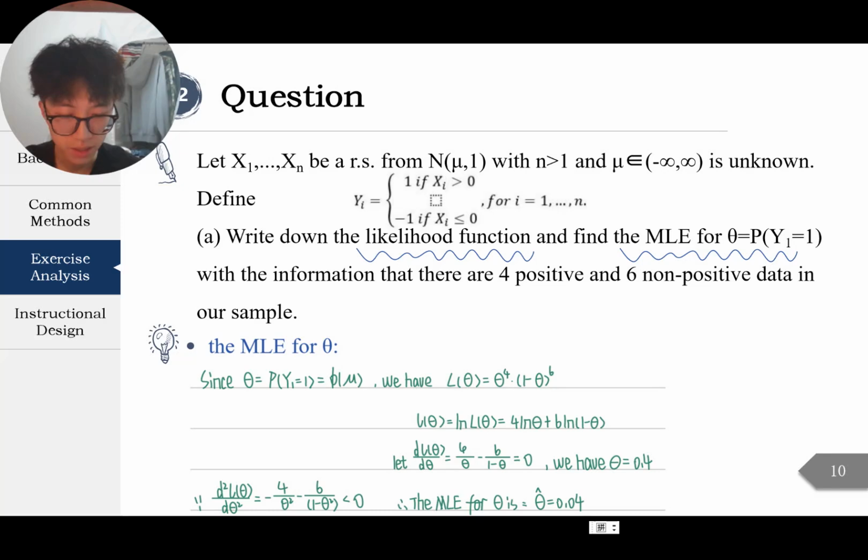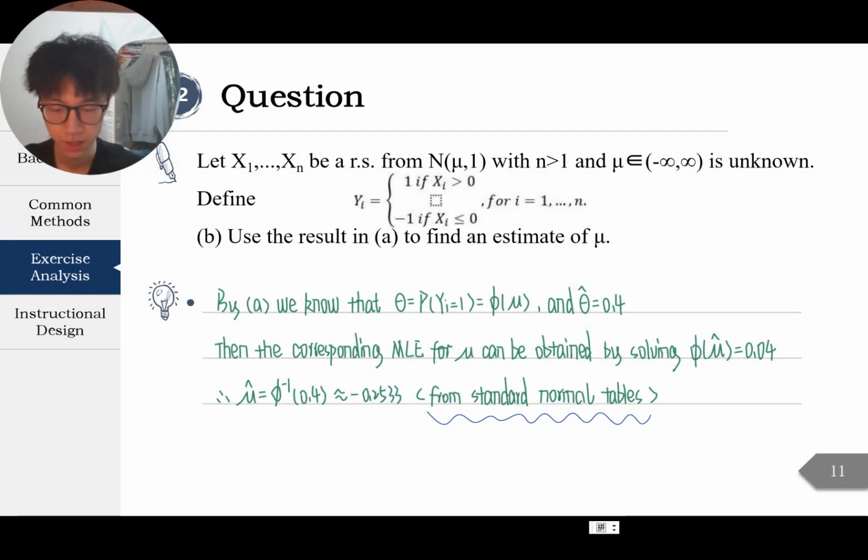Then, by finding the value of theta where the first-order derivative equals 0, and by checking that the second-order derivative is less than 0, we can get that the MLE of theta is equal to 0.4. Next, the MLE of mu can be obtained by solving such an equation and checking the corresponding standard normal tables.